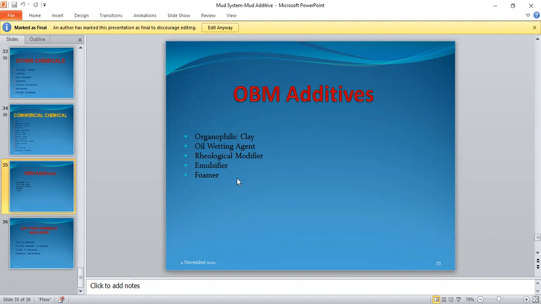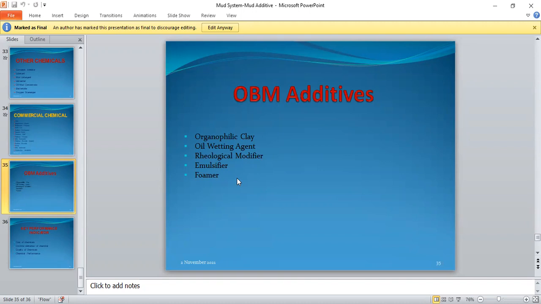Rheology modifiers are added to improve your viscosity, your rheological, your carrying capacity properties of the mud, the ability of your mud to carry cuttings from downhole to surface. You make it finer to give you exactly what you want.